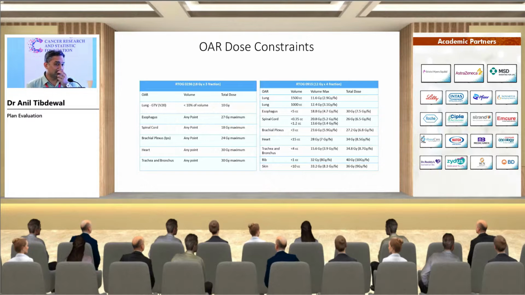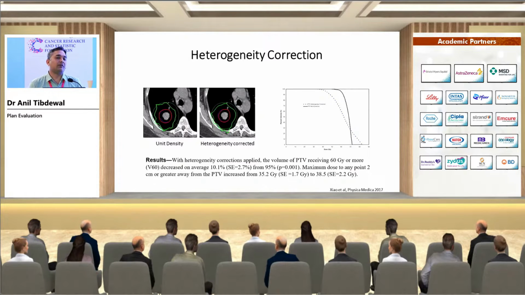But there was a fallacy in RTOG 0236. Because it was started in the year 2002, many of the treatment planning systems and institutes did not have tissue heterogeneity correction in the dose calculation algorithm.